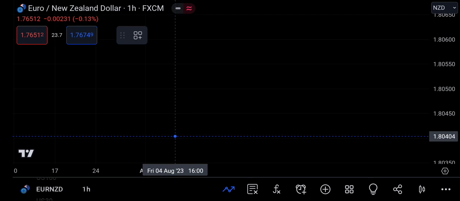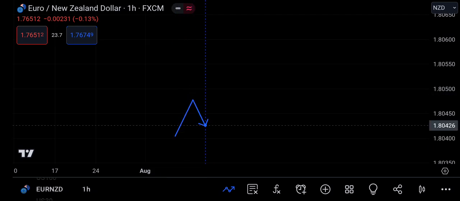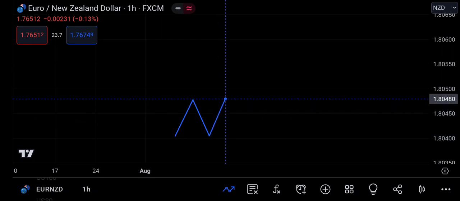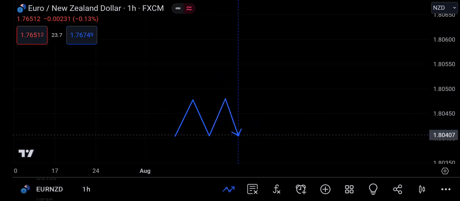Okay, for an example, let's say we have a market ranging lower and higher, not breaking any structures.